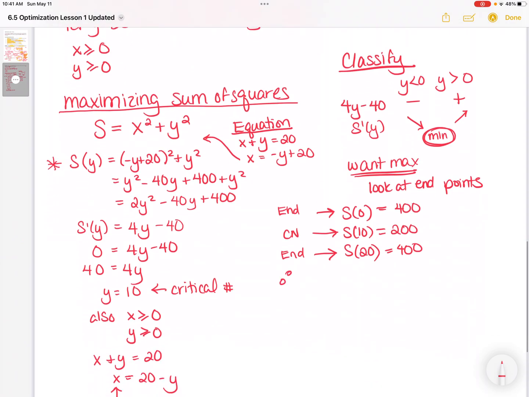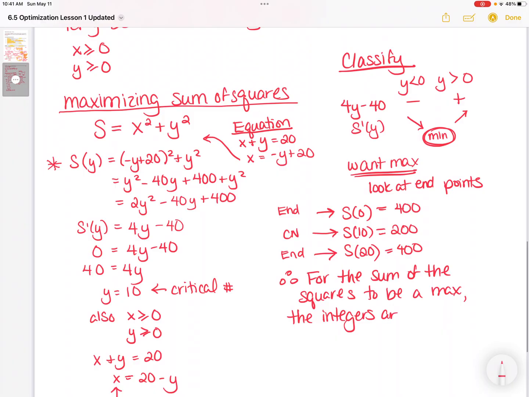So, therefore, for the sum of the squares to be a maximum, the integers are 0 and 20.